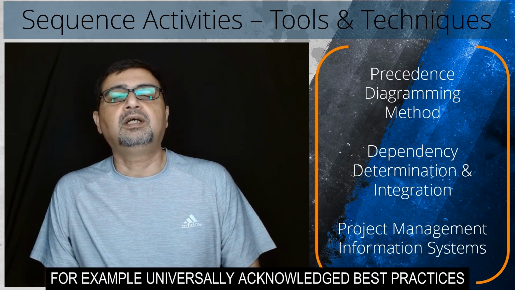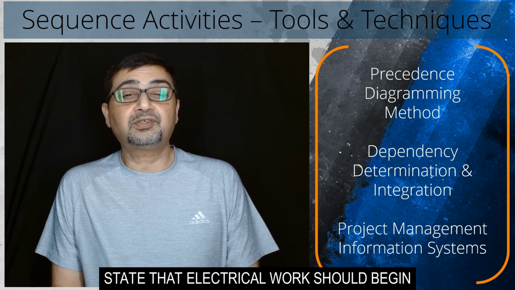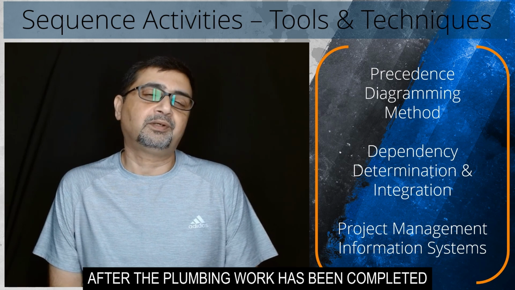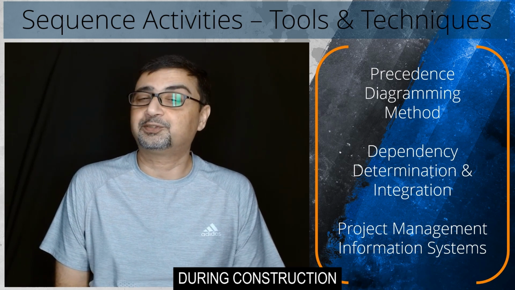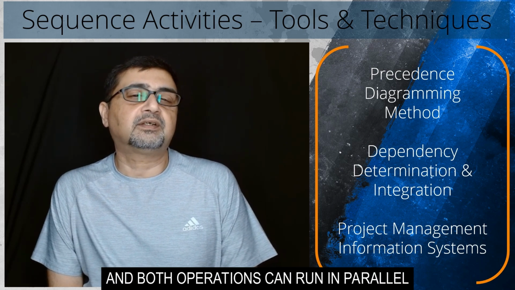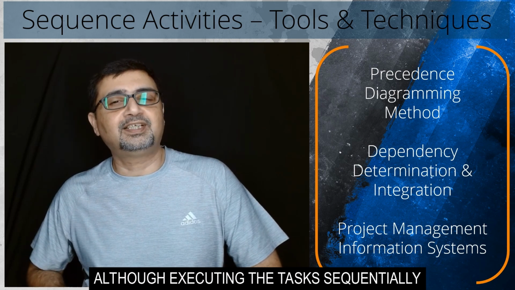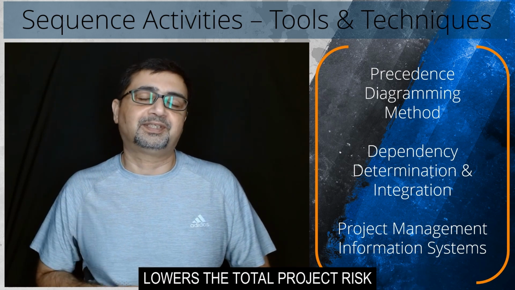For example, universally acknowledged best practices state that electrical work should begin after the plumbing work has been completed during construction. This order is not required, and both operations can run in parallel, although executing the tasks sequentially lowers the total project risk.